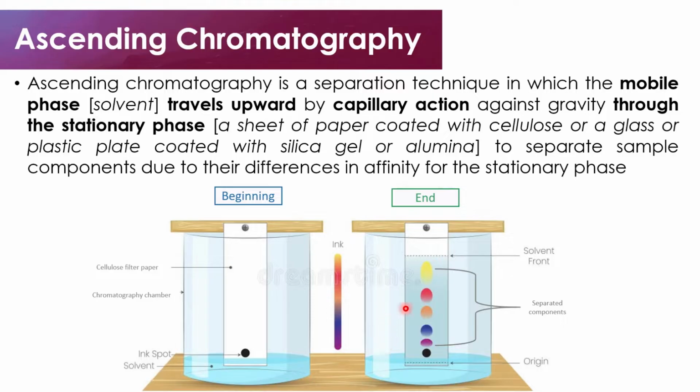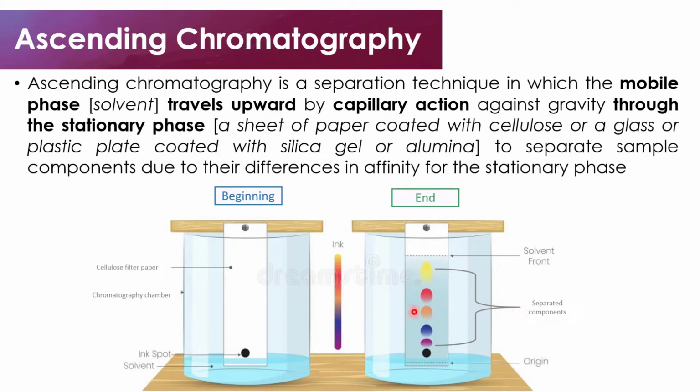The second setup, as shown here, which is the end process of the paper chromatography, shows how the various components of the test sample, so this is the spotted test sample, are separated as the mobile phase moves upward by capillary action through the stationary phase.